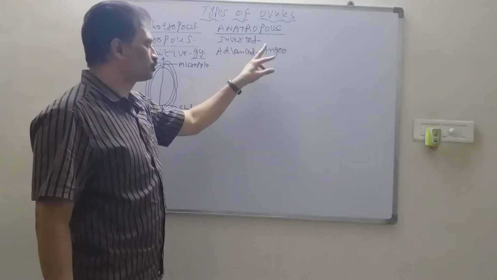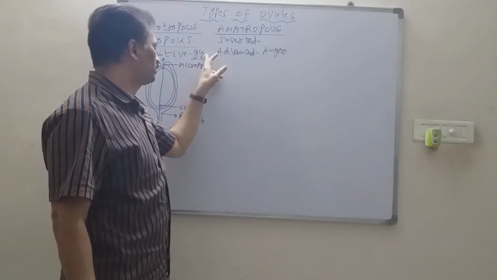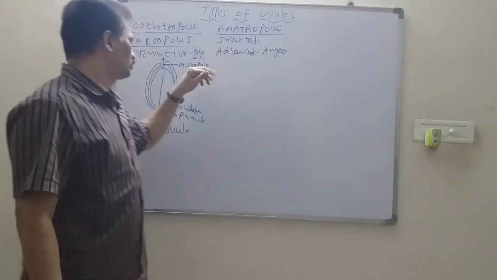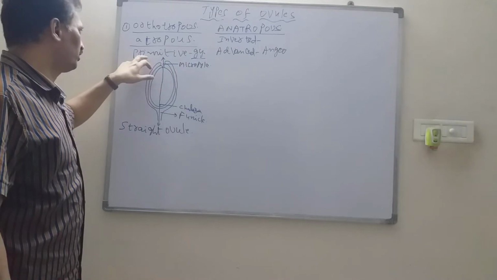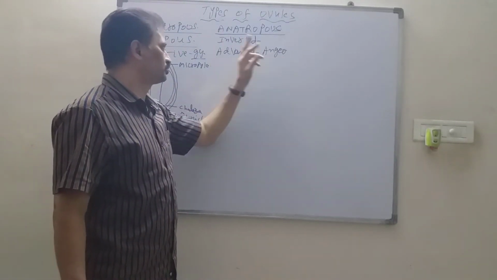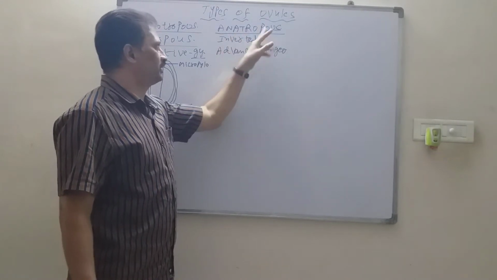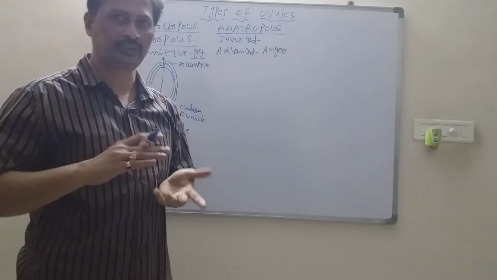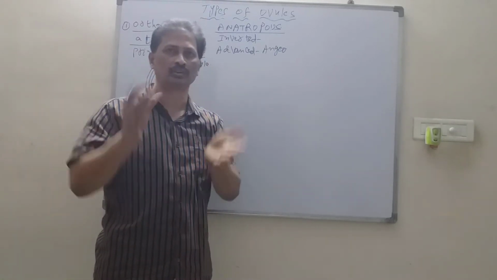Of these two groups, gymnosperms are the primitive plants and angiosperms are the advanced plants. So in gymnosperms you find the orthotropous ovule, and in angiosperms we find the anatropous ovule, also called the inverted ovule. That means the body of the ovule is inverted.